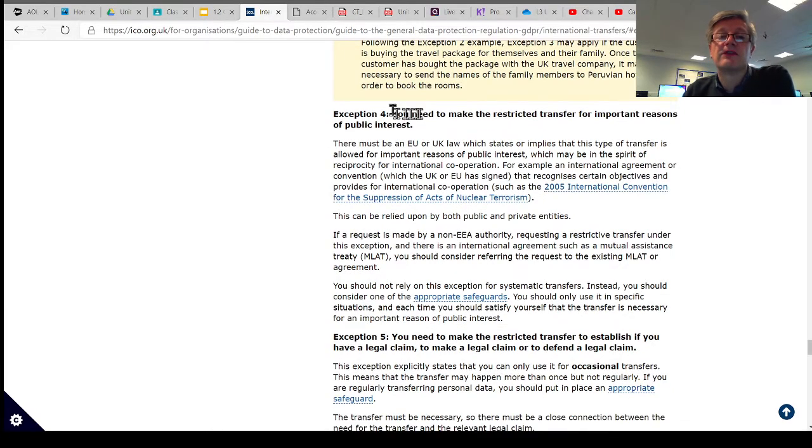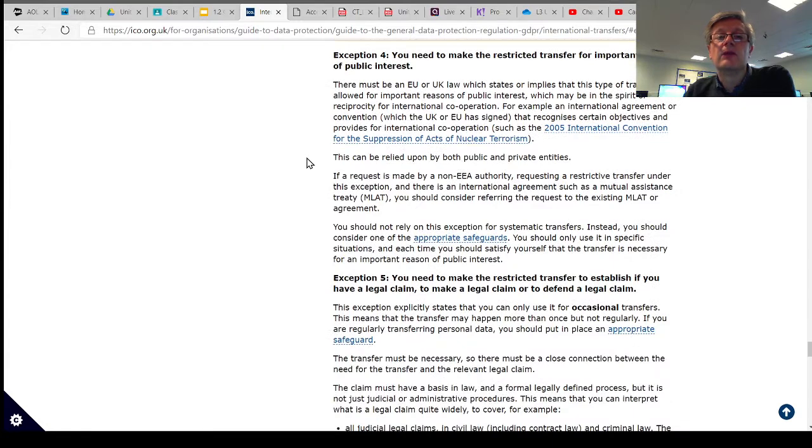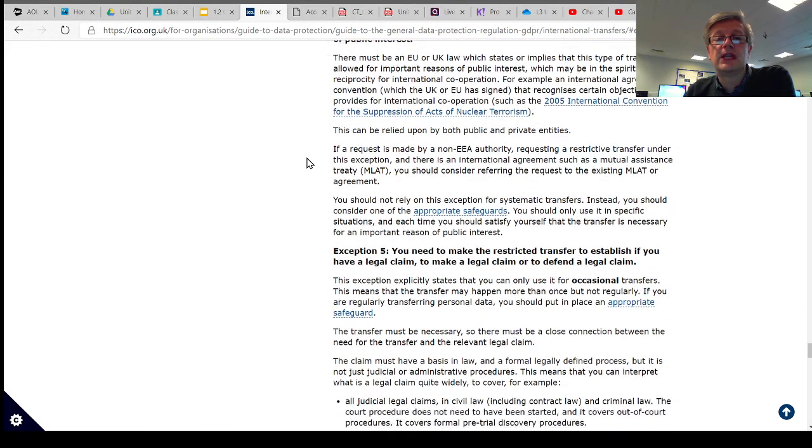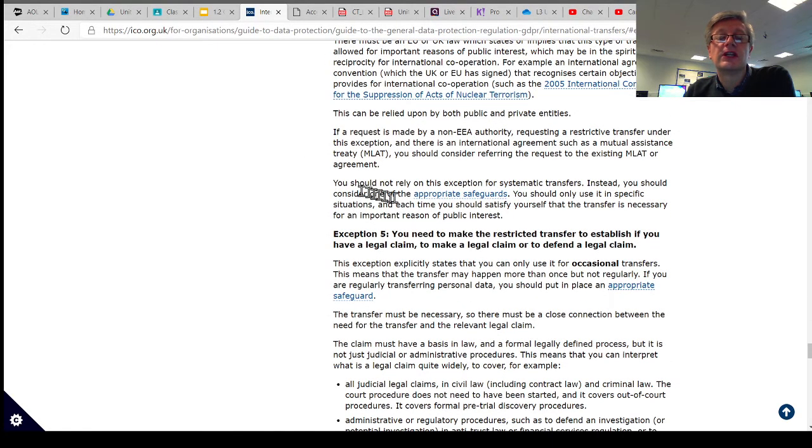So one of the exceptions, for example, is you might need to make a restricted transfer for important reasons of public interest, but there is no particular law, so you should consider it an appropriate safeguard. It can only be used in specific situations. You must be able to satisfy yourself that the transfer is necessary and it's for the reason of public interest.